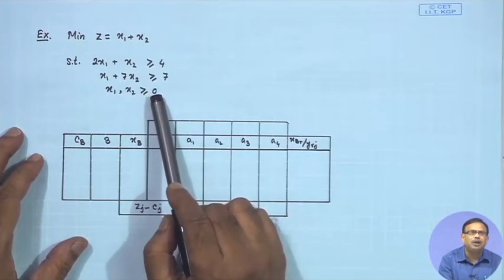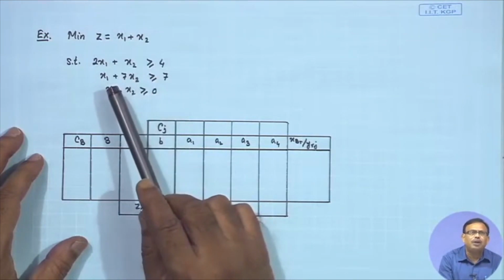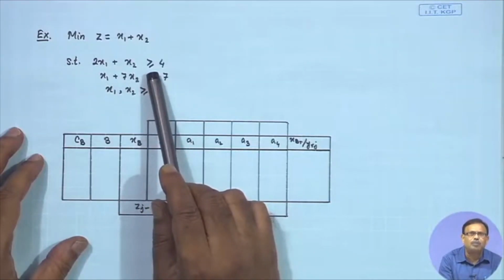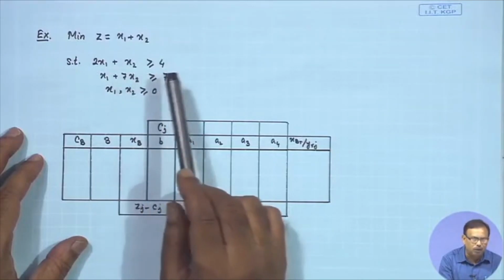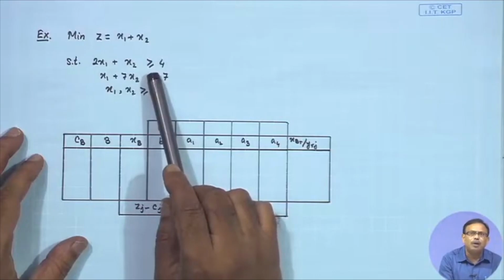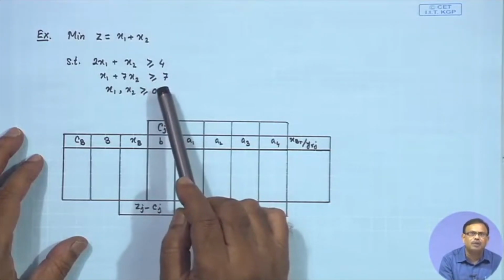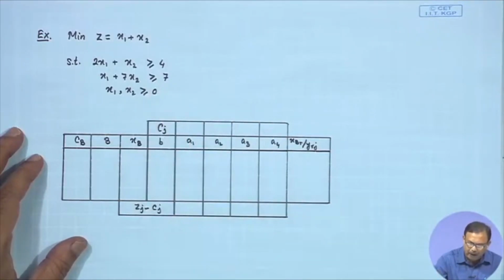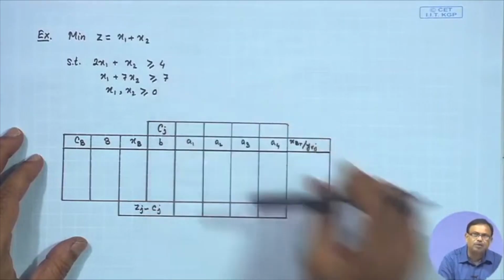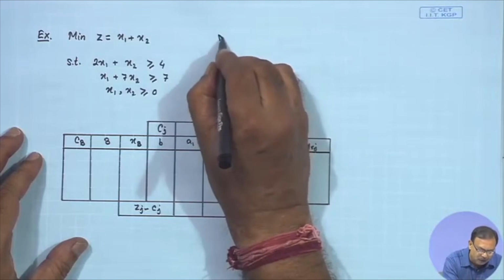You can write it in the standard form by making it a maximization problem. Subject to, you have to change this greater than or equal into less than or equal type by multiplying by minus 1 for both the constraints, and after that you have to add one slack variable to make those less than or equal type into equality type. So, at a time I am writing it in the standard form and I am making these constraints as equality type. Since you have done it already.